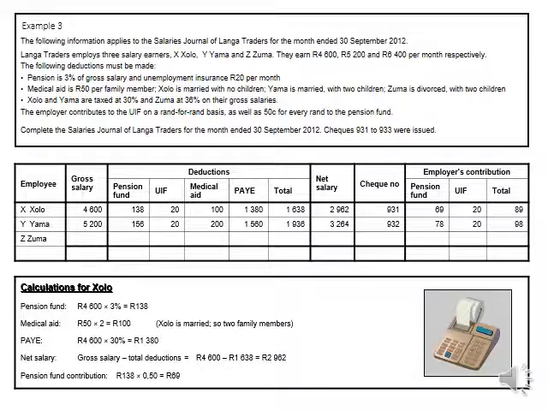Then we can move on to Zuma. His gross salary is 6,400 times 3% gives us his deduction for pension fund. His UIF will be 20. He is divorced with 2 children, so that's 3 people times 50. It gives us 150 for medical aid.